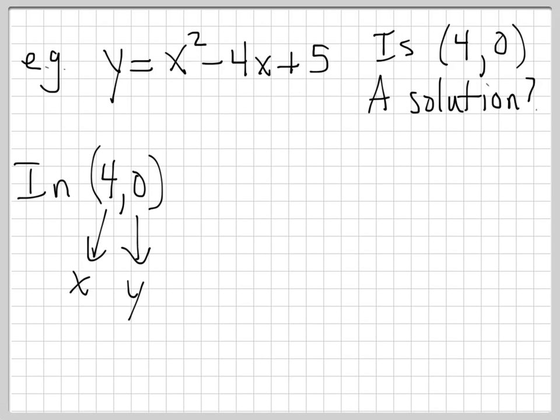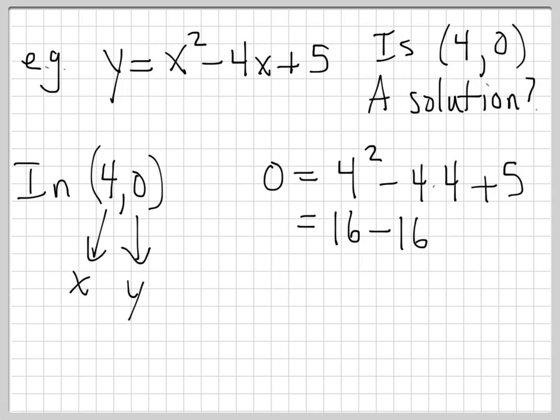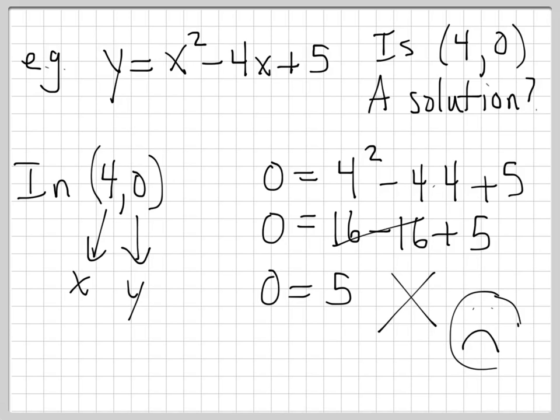And so if we replace all of the y's and all of the x's up in that equation, we get 0 equals 4 squared minus 4 times 4 plus 5. And if we do a little bit of reduction, 16 minus 16 plus 5, and we're left with 0 equals 5, well, that's false. It's not okay. And so no, it's not a solution.